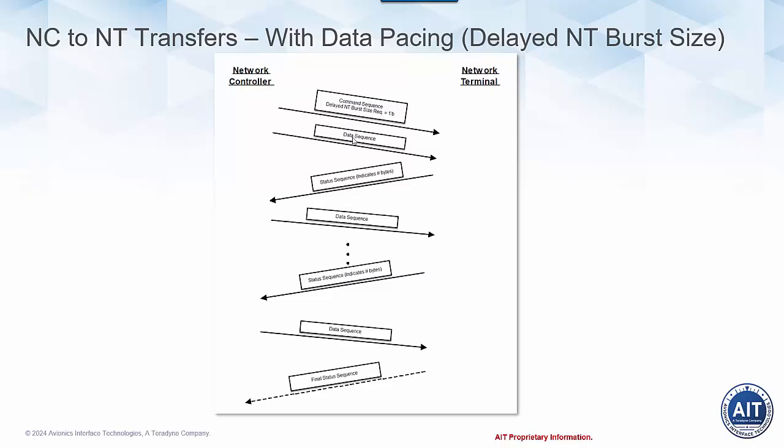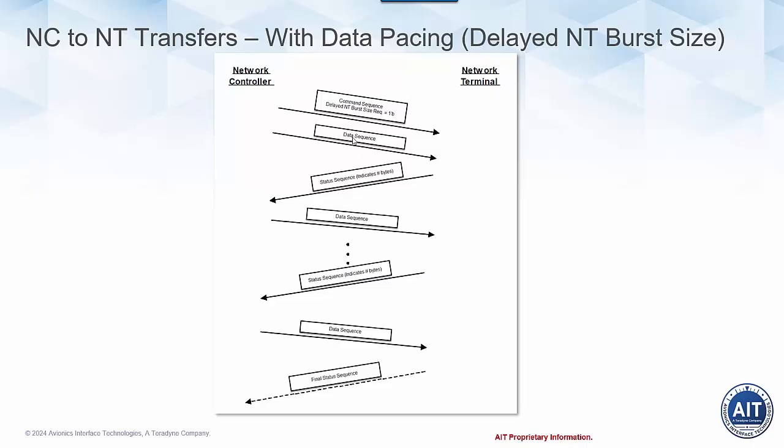So at the port login level, there's some data exchanged during those logins that allow the ports to know how much data each of the ports can handle when they communicate. So with the delayed burst size request, the originating port knows that the NT port can at least receive this much data based on the login information.